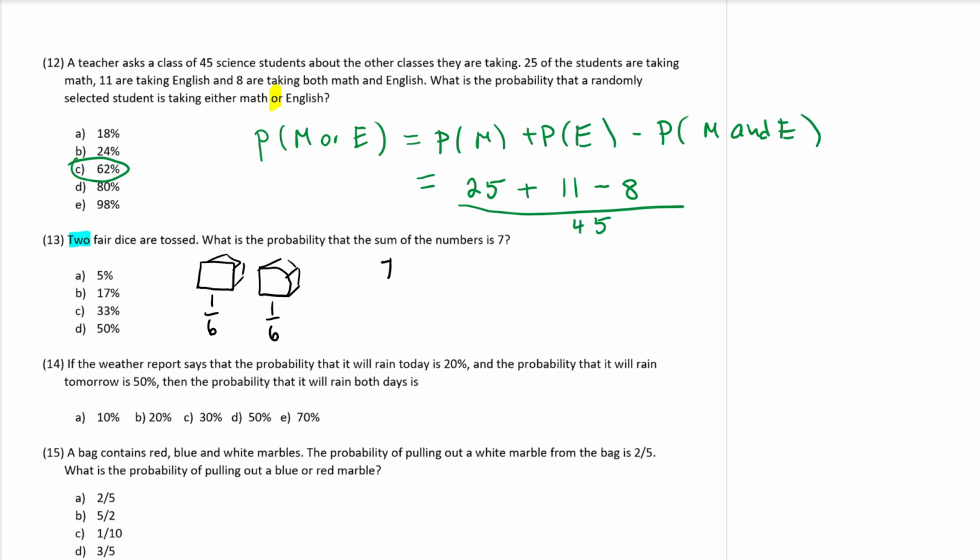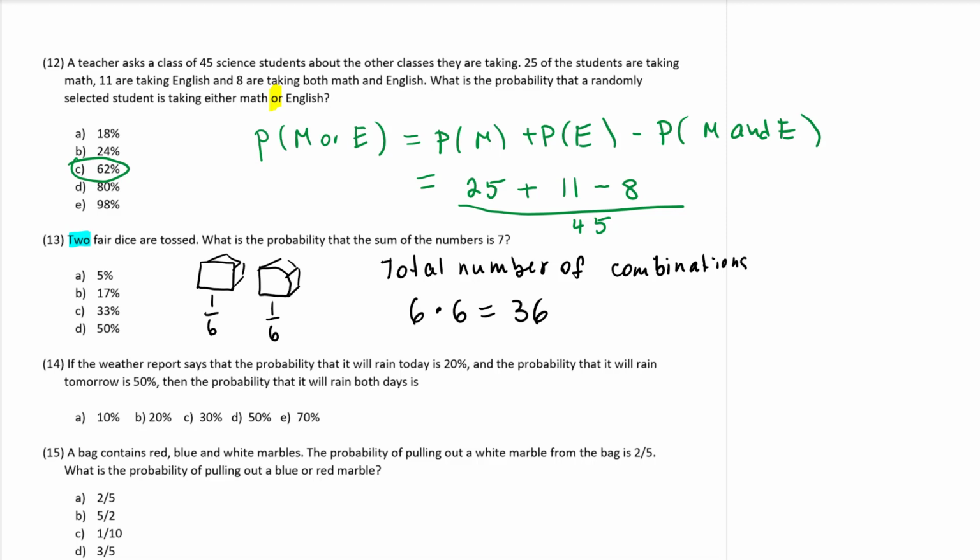The total number of combinations that are possible is going to be 6 for the first die multiplied by 6 for the second die. So there are 36 different possibilities. And when I say possibilities, it's like a 1 and a 1, a 1 and a 2, a 3 and a 4, a 5 and a 6. Altogether, there are 6 for one die, 6 for the other one. So there are 36 different possibilities.